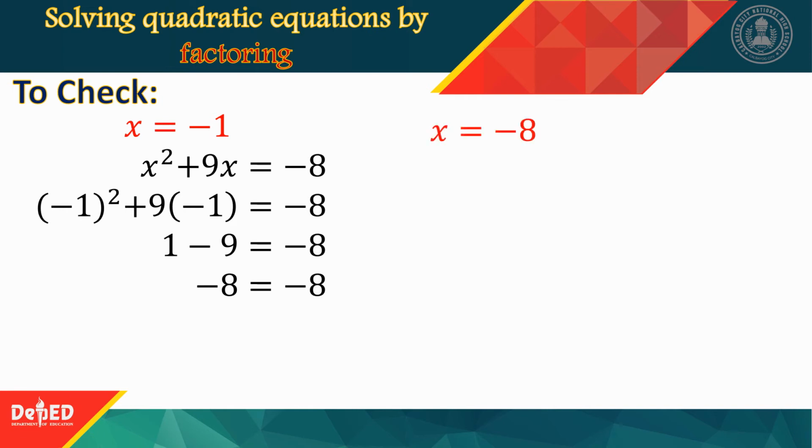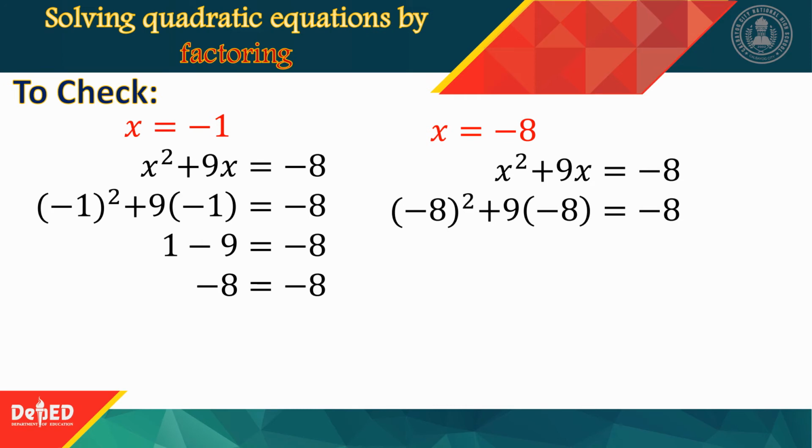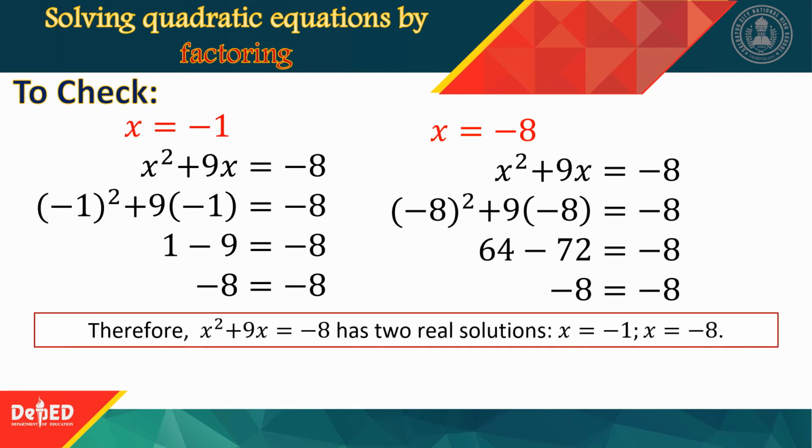Negative 8 squared plus 9 times negative 8 is equal to negative 8. Then 64 minus 72 is equal to negative 8. Negative 8 is equal to negative 8, and correct. Therefore, x squared plus 9x is equal to negative 8 has two real solutions, which are negative 1 and negative 8.